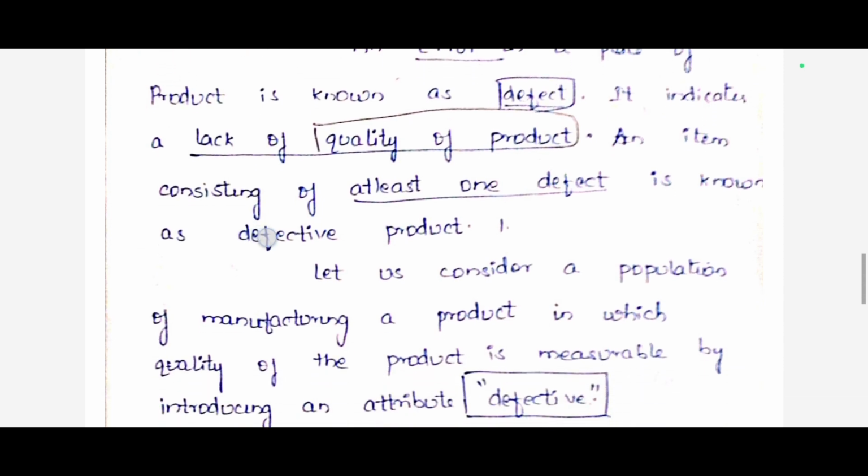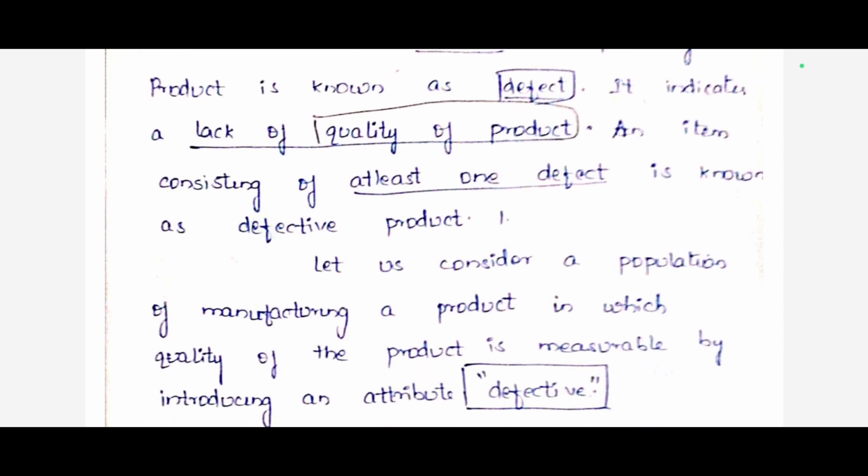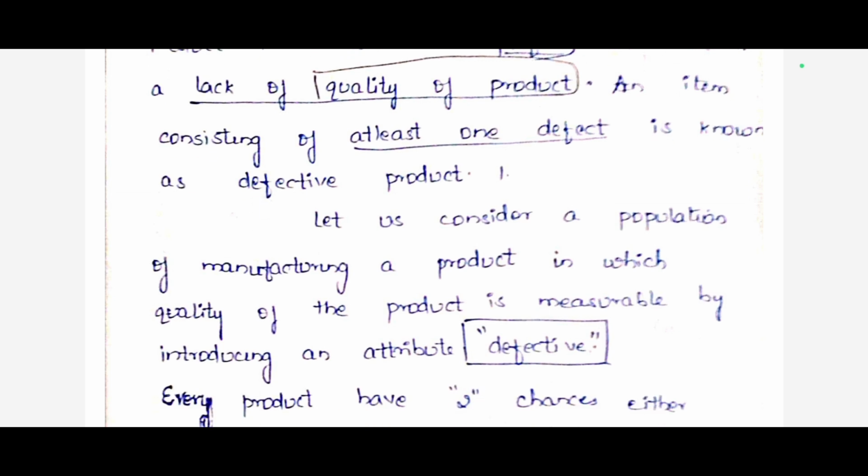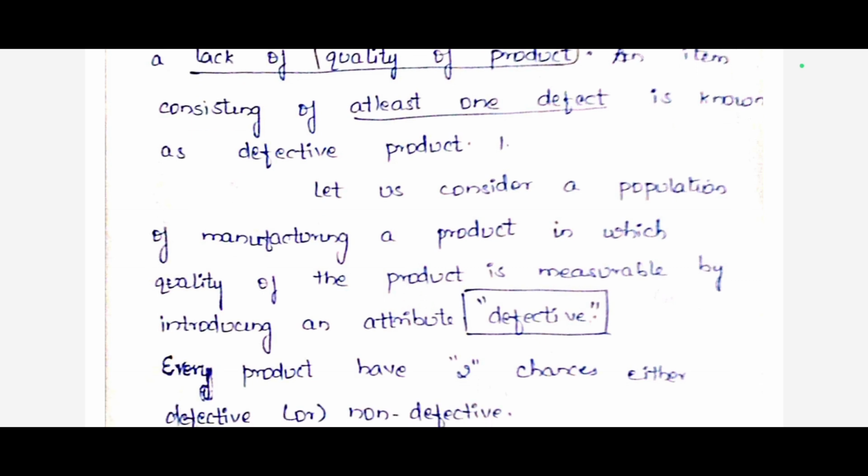Let us consider a population of manufacturing of a product in which the quality of the product is measurable by introducing an attribute called defective. The item has two chances: either it has the problem or error, or it does not have the problem or error.